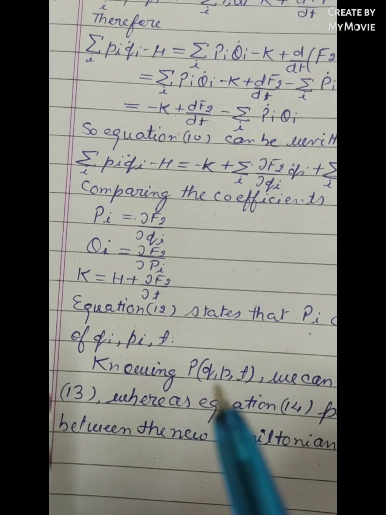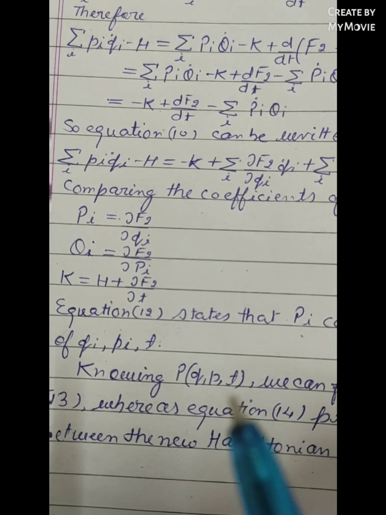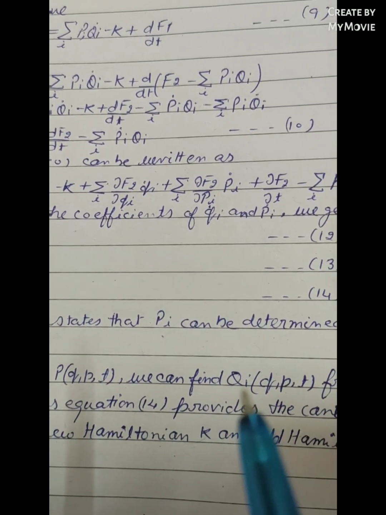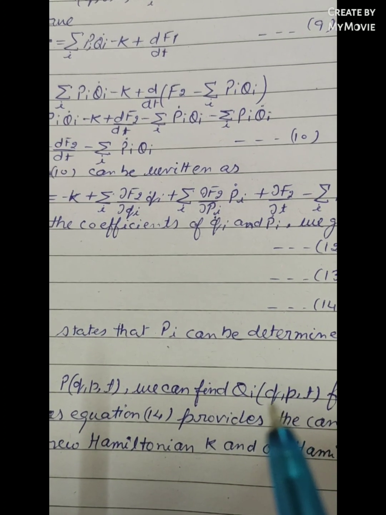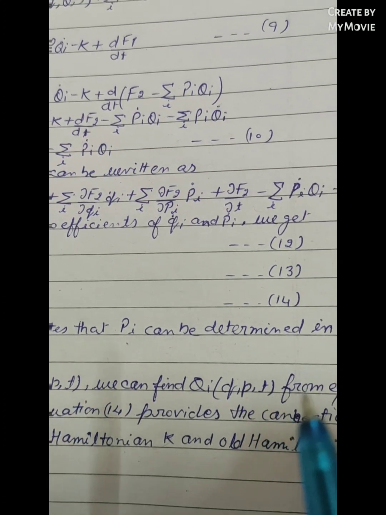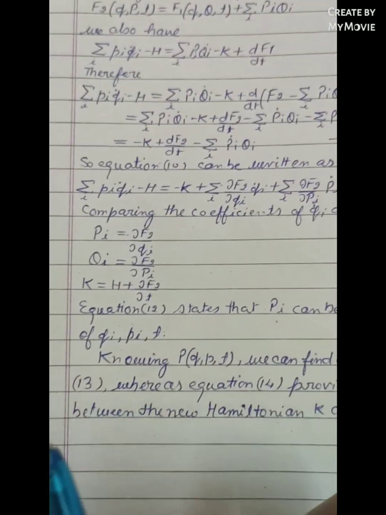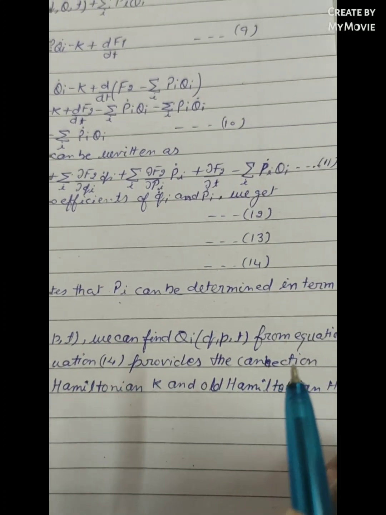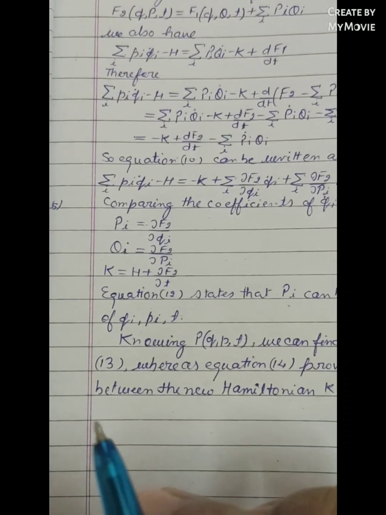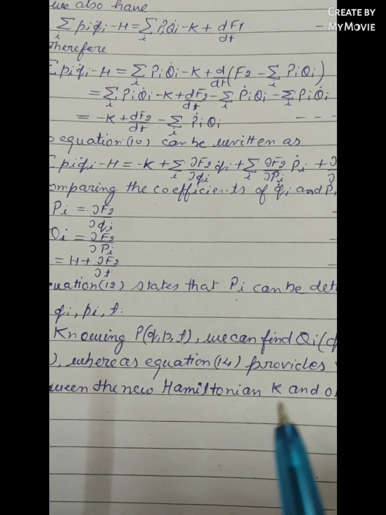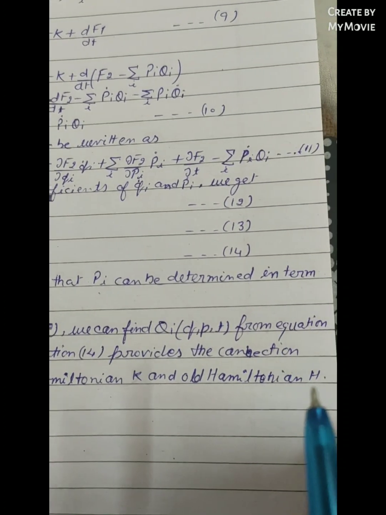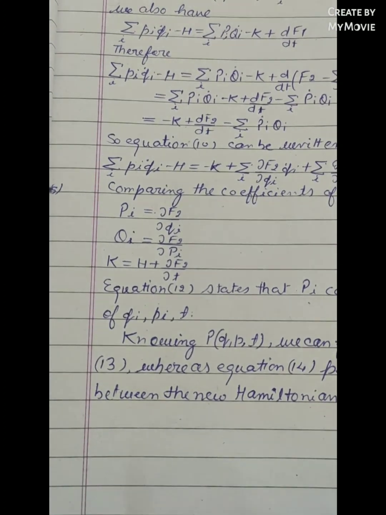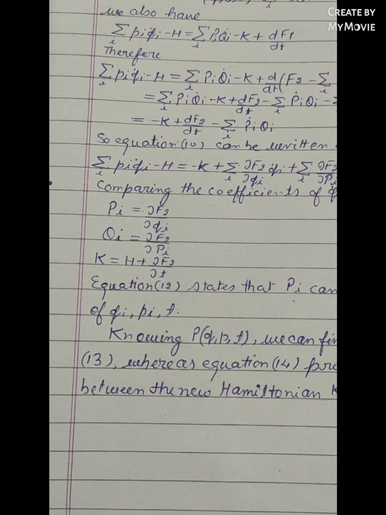Knowing P(q, p, t), Q(q, p, t) can be found from equation 13, whereas equation 14 provides the connection between the new Hamiltonian K and the old Hamiltonian H. The other two parts of F we will do in the next portion of the theorem.